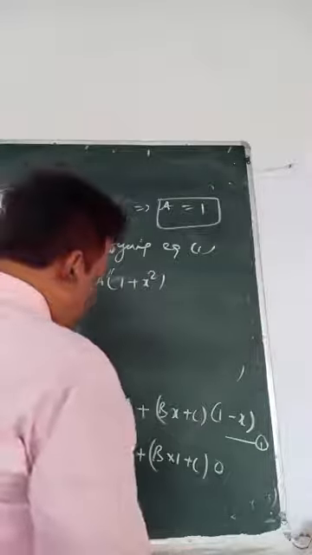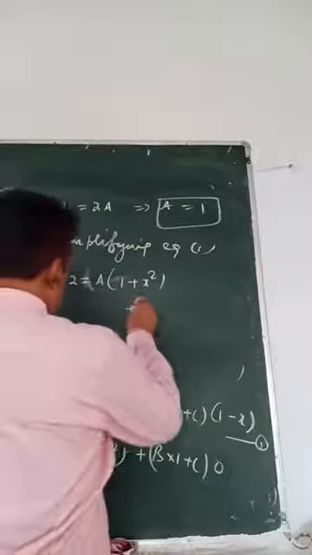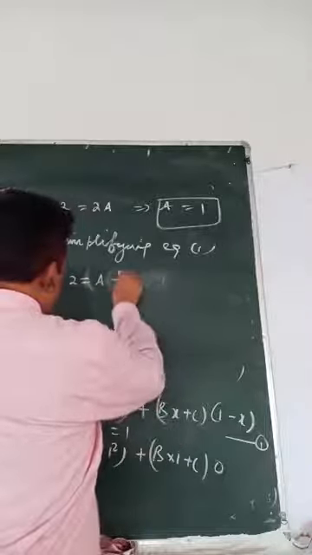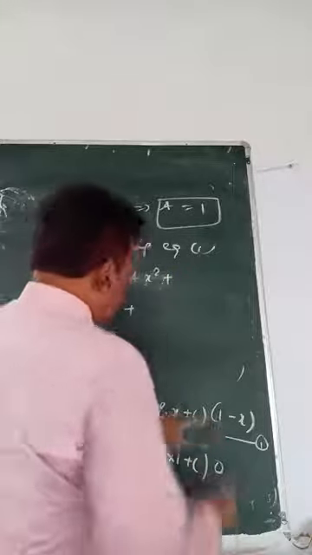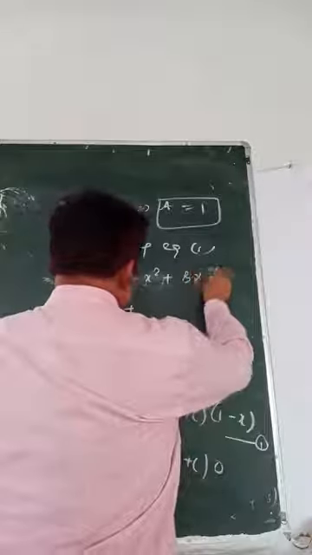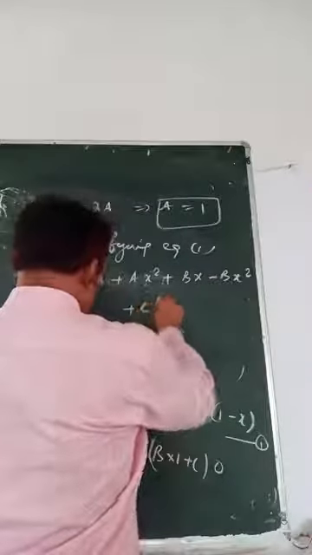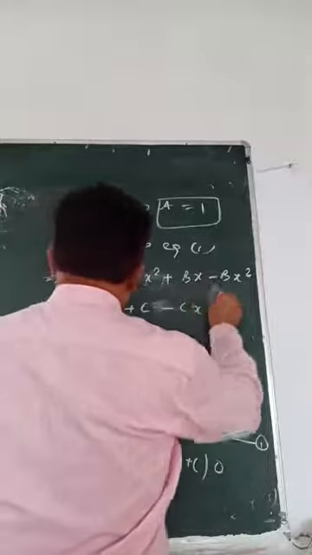Okay, multiply bx into 1 is bx, or you can multiply that, that is much better. A plus ax square plus bx minus bx square plus c minus cx, not cx, minus cx.